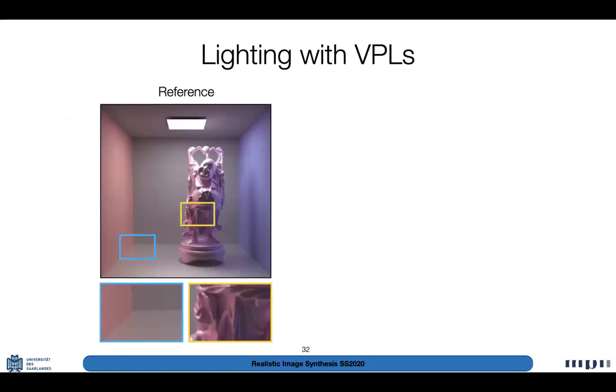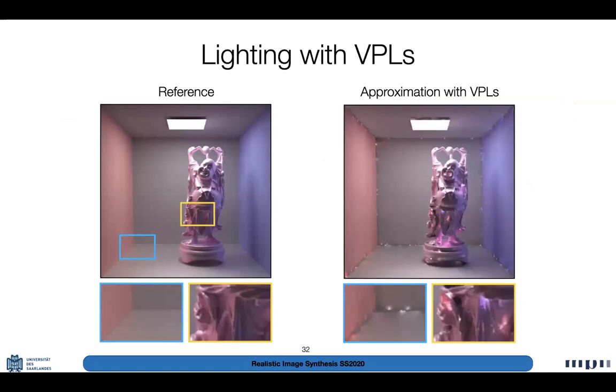So what happens when we perform lighting? Given any reference image, if we try to approximate the lighting by VPLs, you could see some visible problems there. You could see the splotches, which are really affecting the corners and the boundaries.